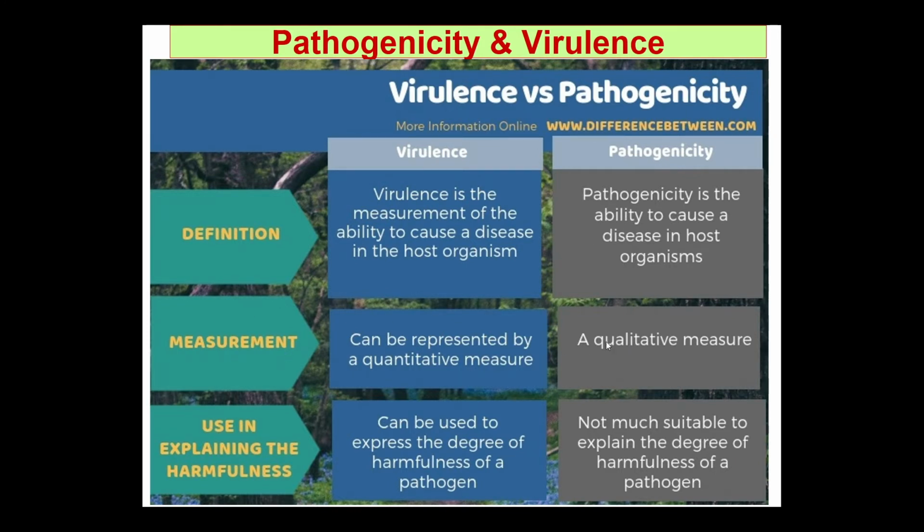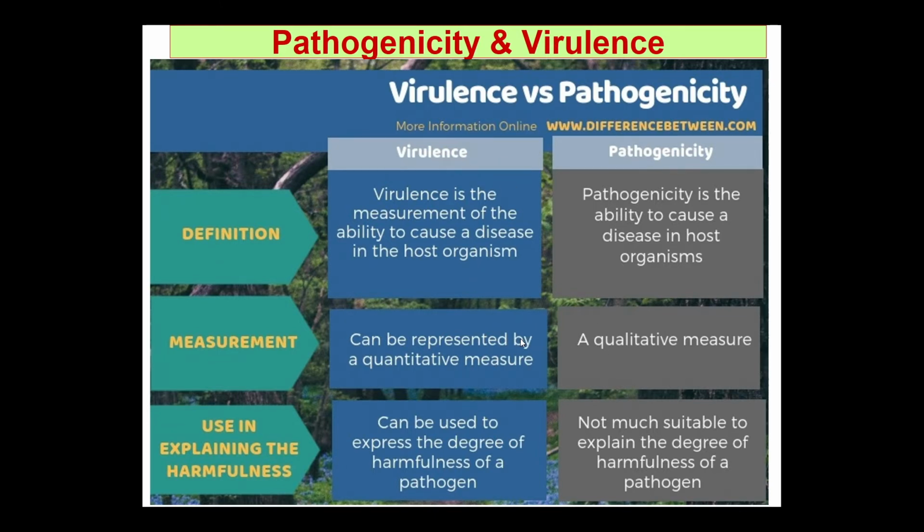The second option, measurement. Virulence can be represented by a quantitative measure. It means virulence may be measured quantitatively. Pathogenicity: a quantitative measure of the pathogenicity may be related only to the measurement of the virulence.